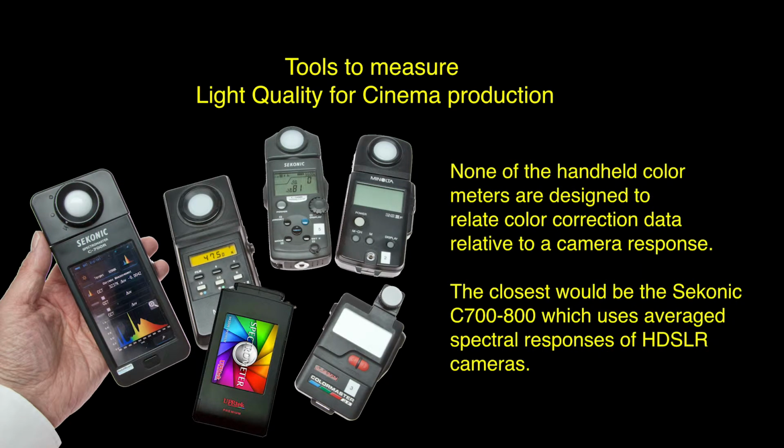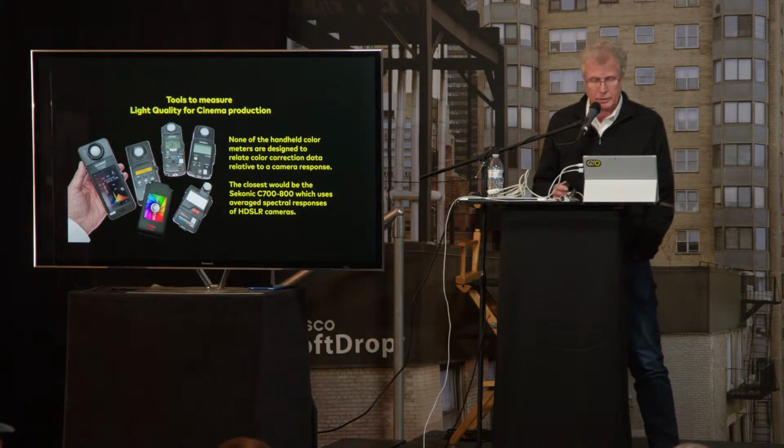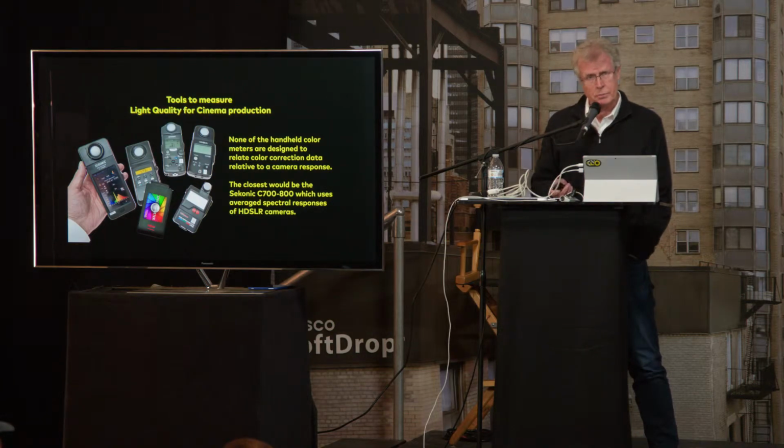Sadly, none of them really give us actionable data on what to do with a particular camera once you are confronted with that light source. Maybe the closest is the Sekonic C800 that's on the market more recently. They're using an average spectral response curve from HDSLRs, so it's maybe a good comparative meter, but when it comes to specifically solving a camera problem, this is not going to do the trick.